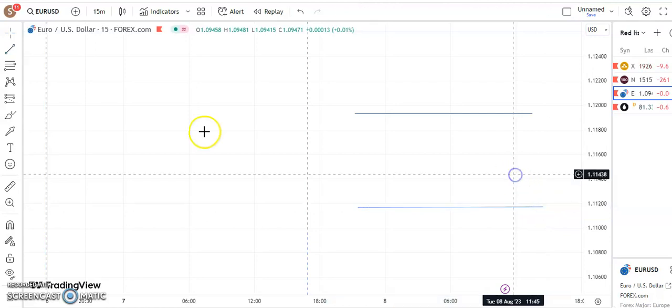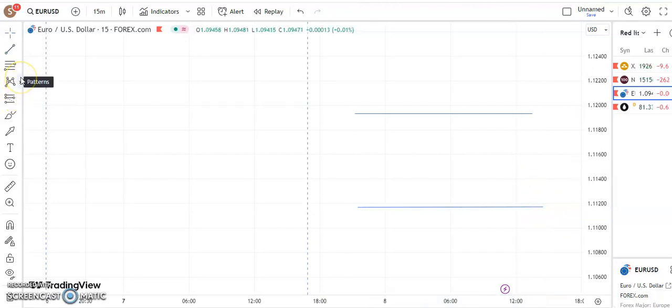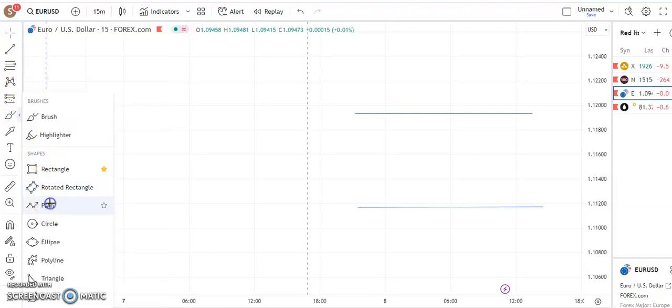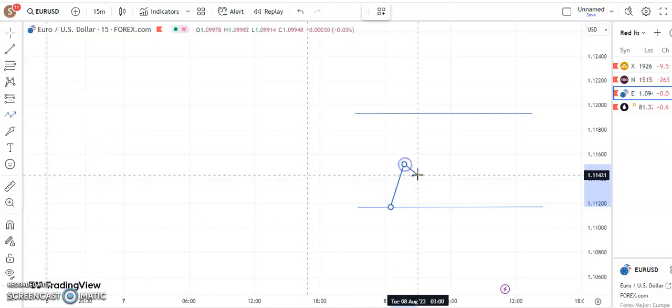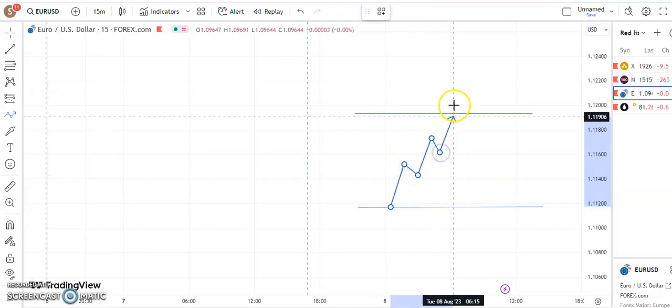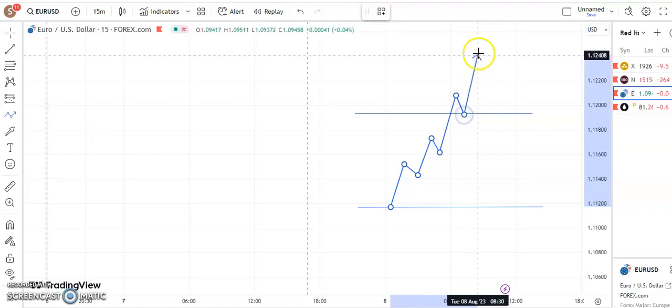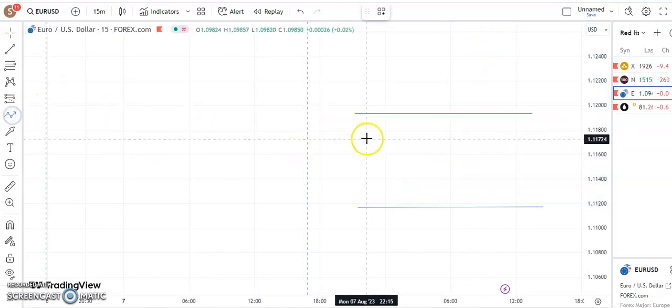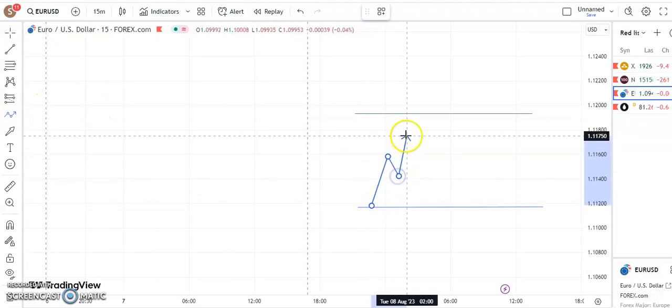Now you need to understand one thing. The market does three things. It either breaks out, pulls back. So the market might do this. The market might do this.